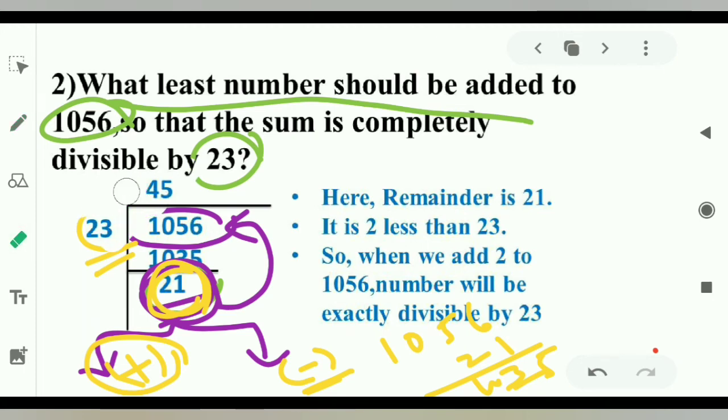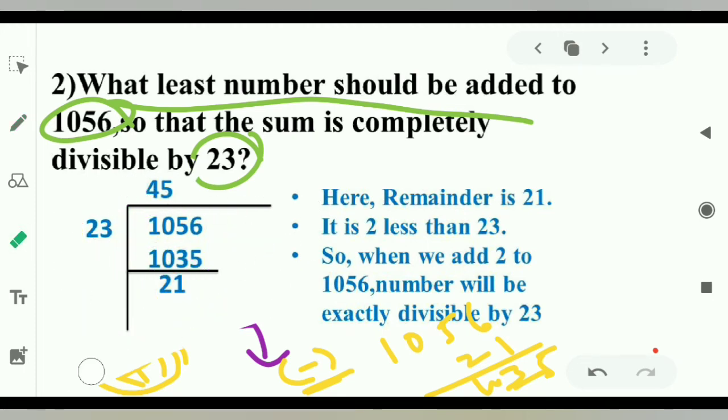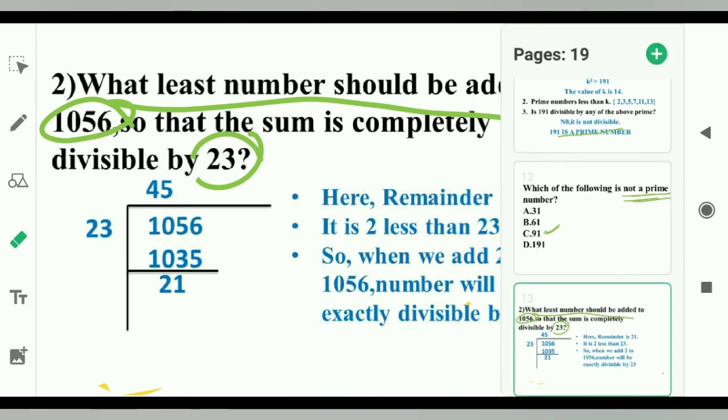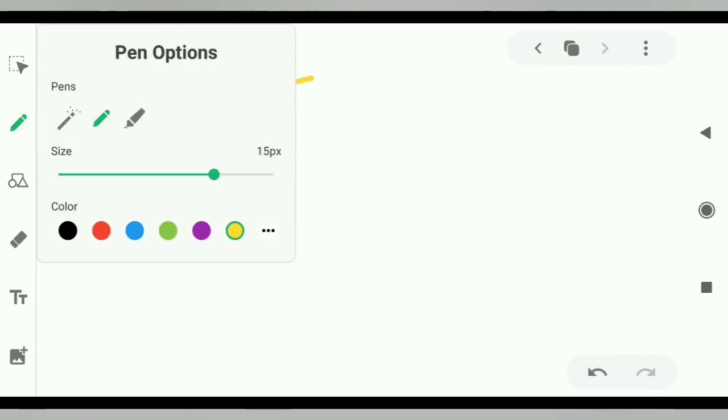Okay, I repeat, listen carefully. I will say it in general. When we divide some bigger number by some divisor and it leaves some remainder, what does it mean?